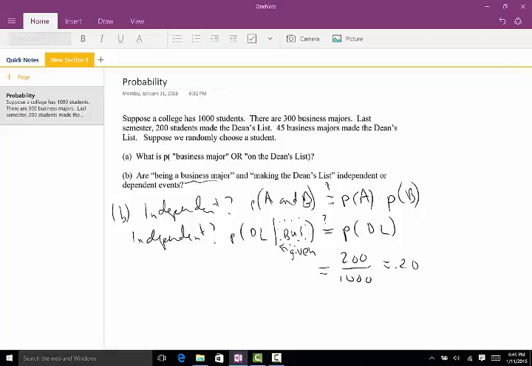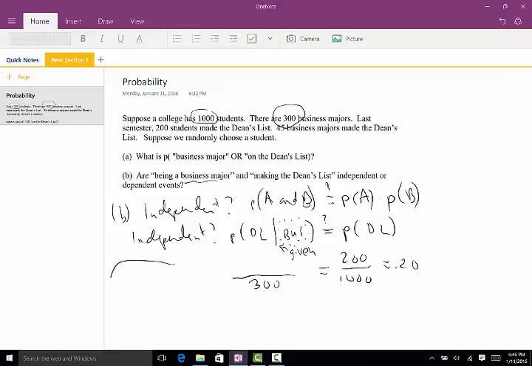Now let's look at conditional probability. If I first ask the student his or her major and the student tells me they're a business major, now I'm no longer working from a sample space with 1,000 students. Given that the student is a business major, I know it's one of the 300 students.